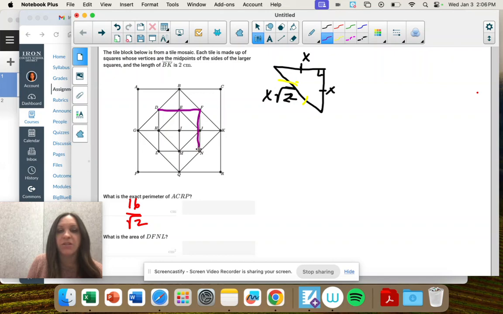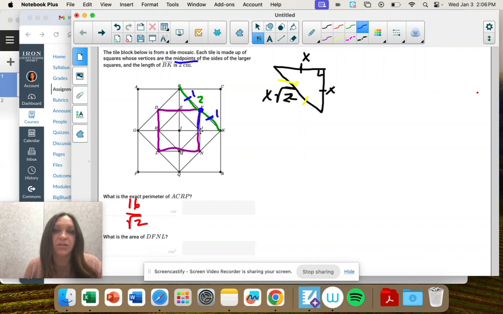How do you find the area of a square? Side times side, right? So if this length is 2, we know that this is at a midpoint. So what's 2 cut in half? 1 and 1, right?